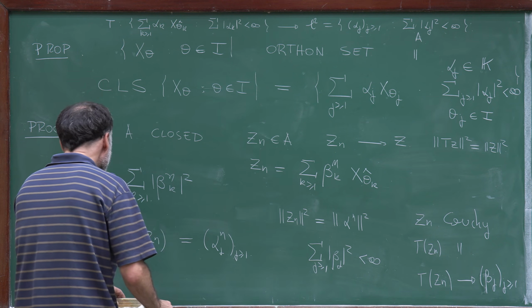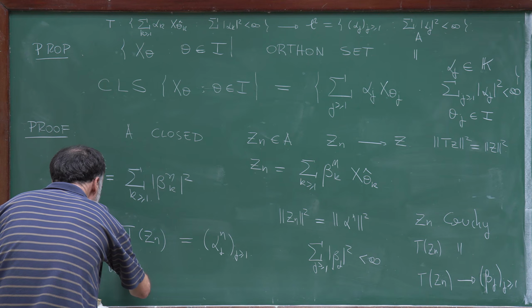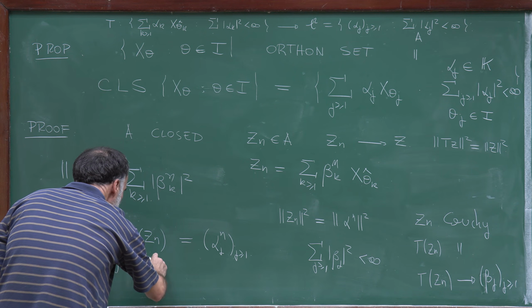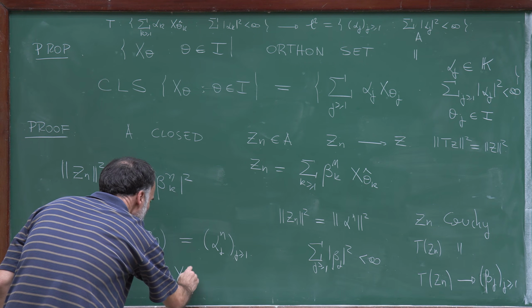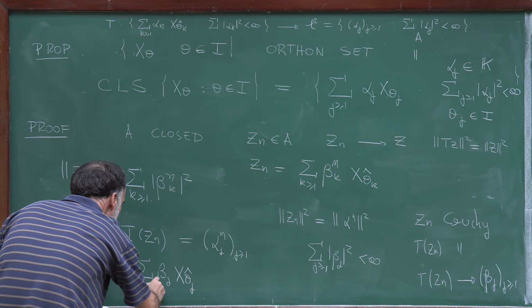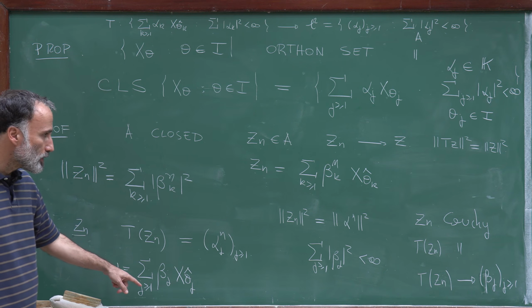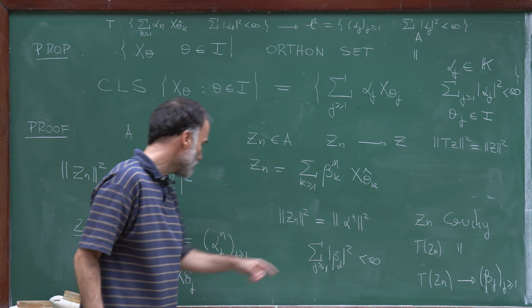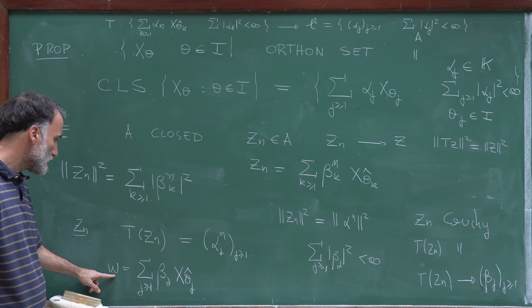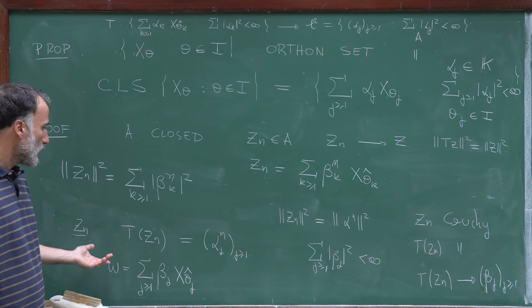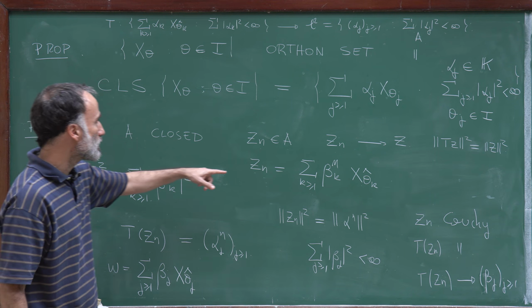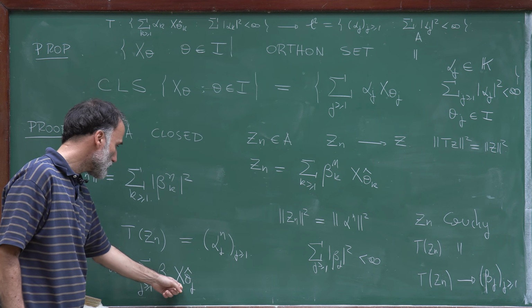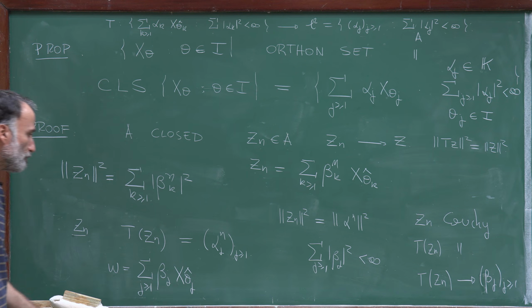Now let me call W the element sum of beta j x theta j hat. I can make sense of this element because the sum of beta j squared is finite. So this is a well-defined element of X, and actually this element is an element of my space A because I'm writing it as an infinite linear combination of these vectors x theta hat j.